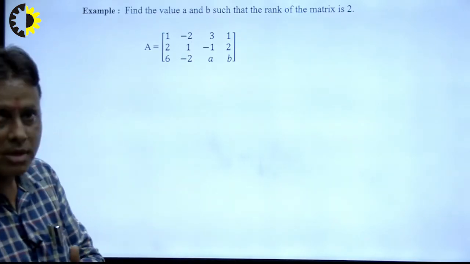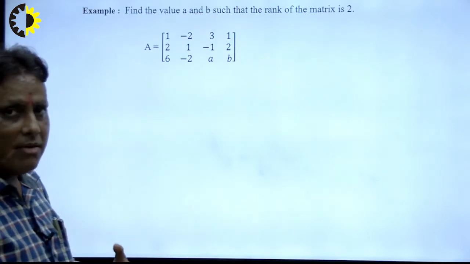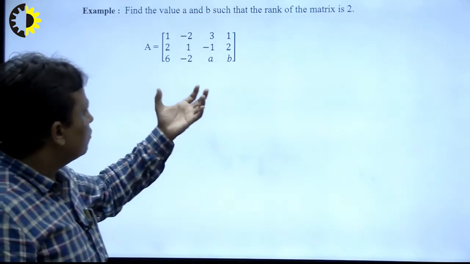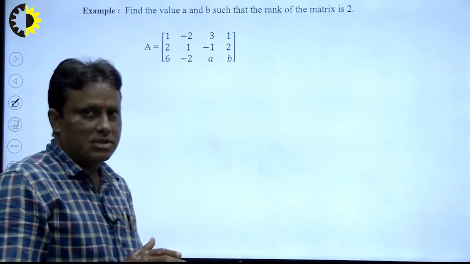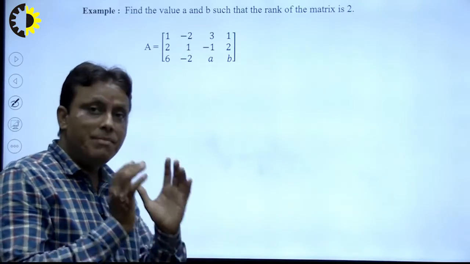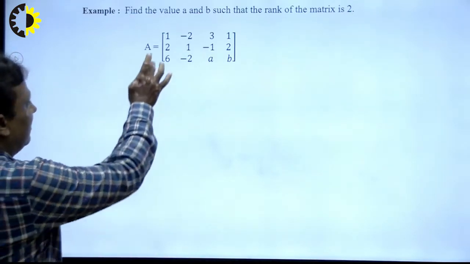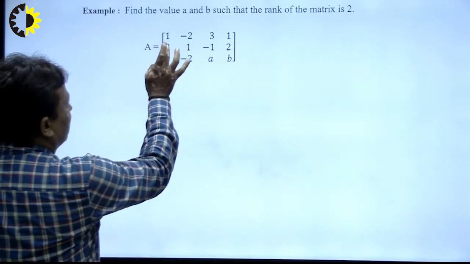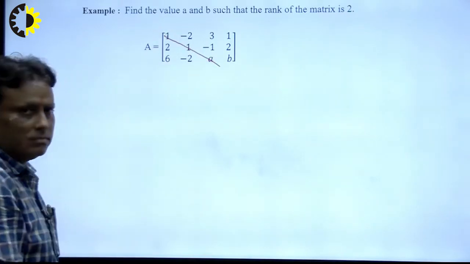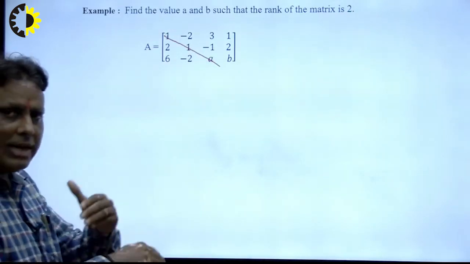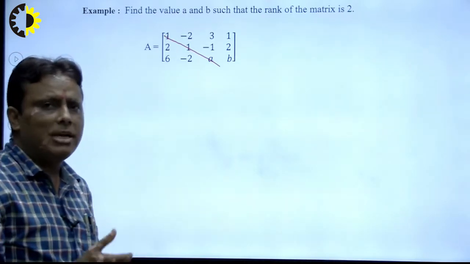If I have a choice, students should always apply the echelon form first, because echelon form takes the minimum time. Our aim is to first reduce all elements below the diagonal element to 0.